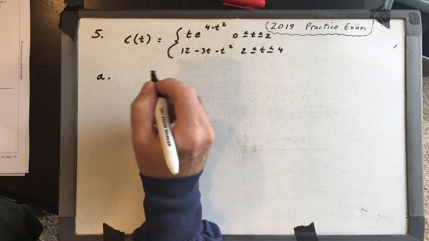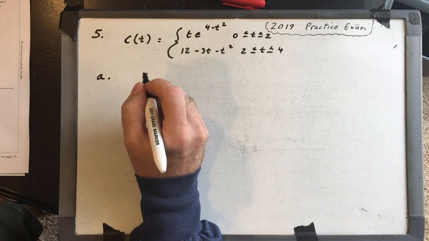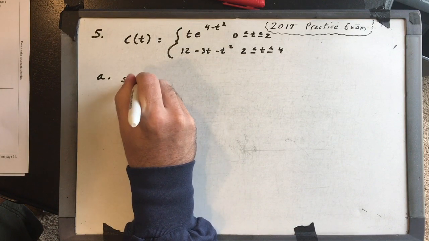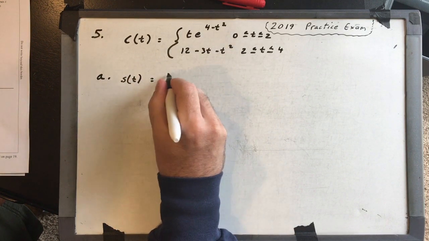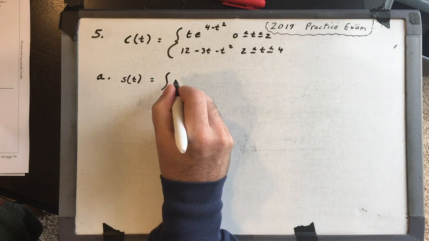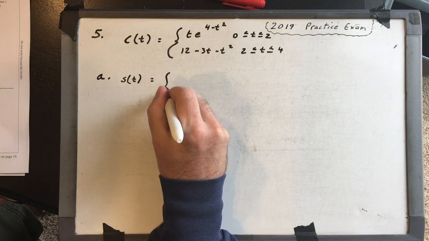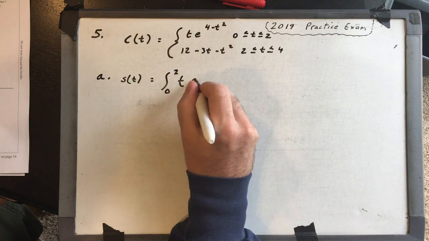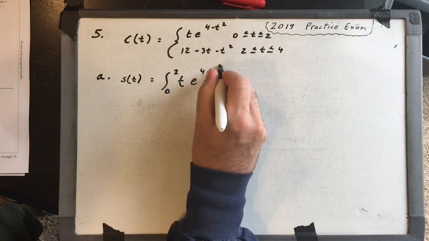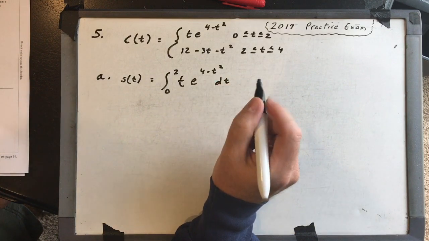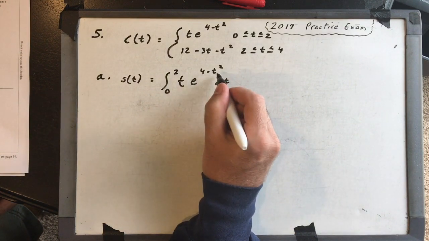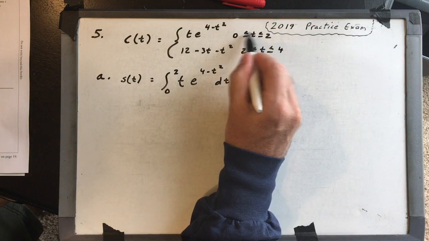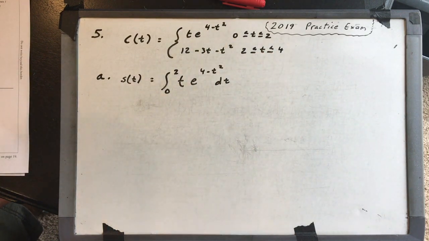This one is not going to be on the 2020 test. The total miles, which we could call S of t, we would integrate from 0 to 2 of t e to the 4 minus t squared. That's a u substitution, you could totally do it, because between 0 and 2 it's this top function.